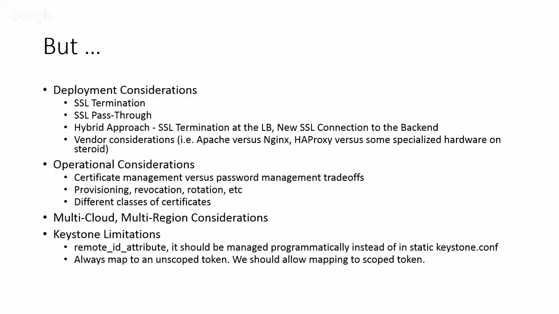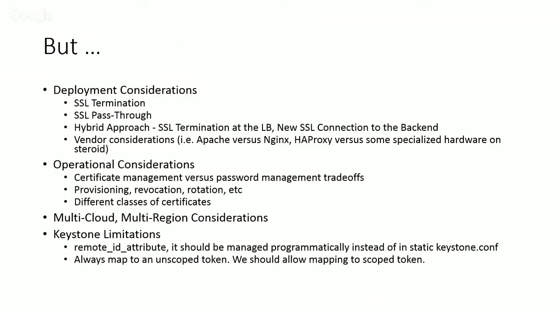And then there are some Keystone limitations that we have to deal with. For example, we have to configure that remote ID in Keystone.conf. The remote ID is basically used to identify the service providers, and Keystone.conf only has one global remote ID.